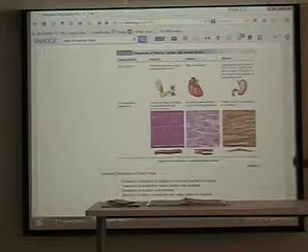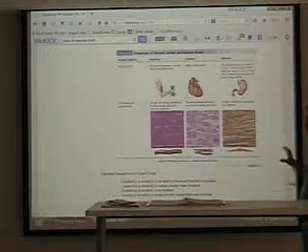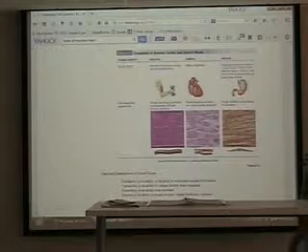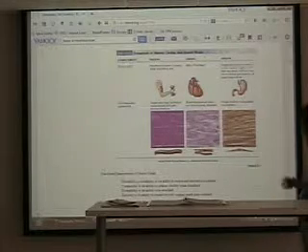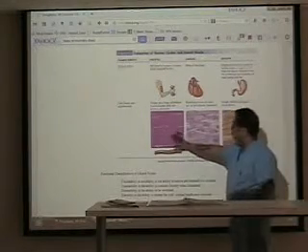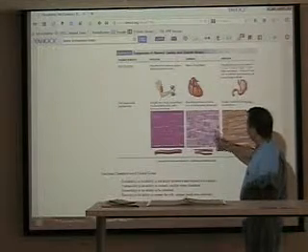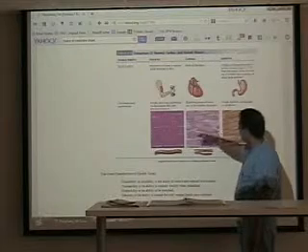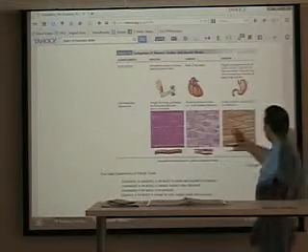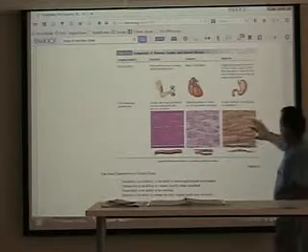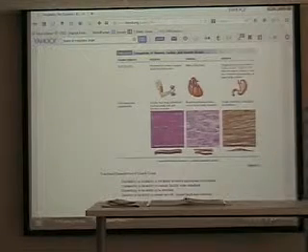So when you look at it, my suggestion is not to really look at the colors. You want to try to find features. So for example, for skeletal muscle, striations. For the cardiac, you're looking for these intercalated discs, these little lines here. And of course, for smooth muscle, you're looking for no striations.